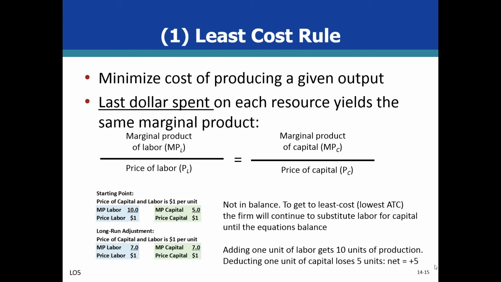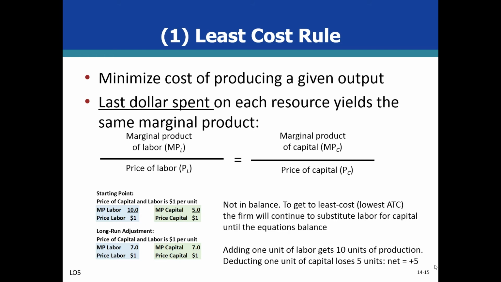And on the right, we have the marginal product of capital divided by the price of capital. That's the equation. It's complex to think of this in relative terms because you're really balancing here four numbers without seeing an example. So let's take a look at an example.